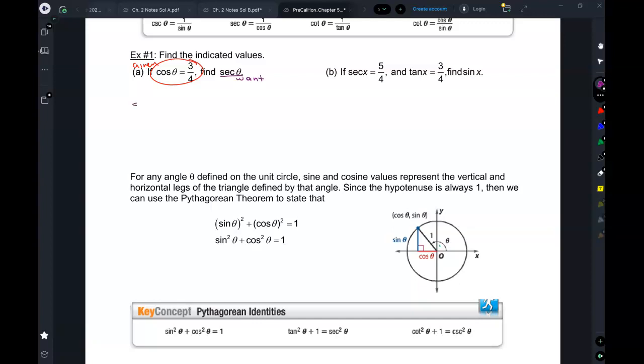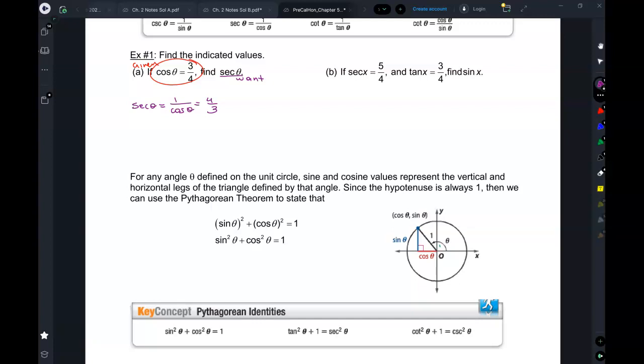So I say, okay, secant of theta is 1 over cosine of theta, which is just 4 over 3, right? And yes, you could have done it in your head, but showing this is a way to justify your work. And in AP Calculus, that is all what it's about, right?